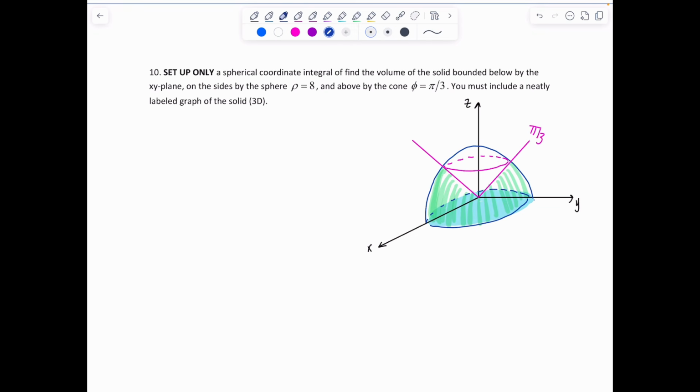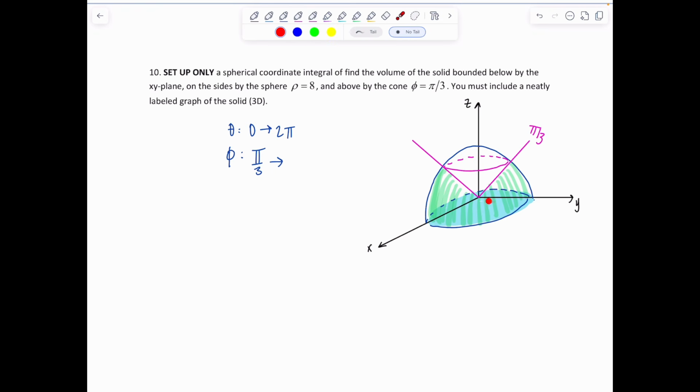So here's your graph. This would be a full credit graph. Theta, we're going all the way around. So 0 to 2 pi. What about phi? Be careful. You always start at the positive z-axis. There's nothing, there's nothing, there's nothing. Now the solid starts at pi over 3. So pi over 3 up until it's solid, it's solid, it's solid.